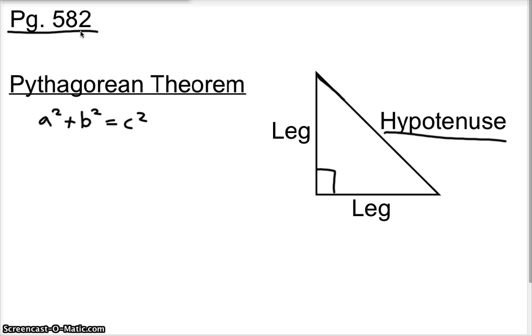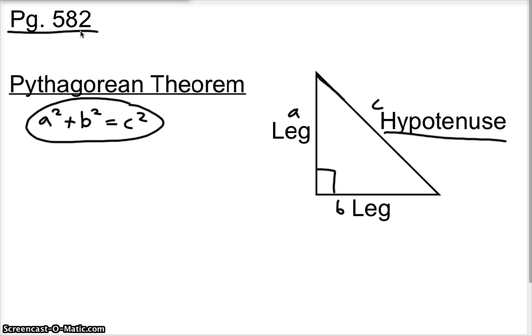Okay, so here's what it looks like. This would be A, and this one would be B, and this one would be C. So ideally, if we gave numbers to all of these sides, they should be able to complete this formula.